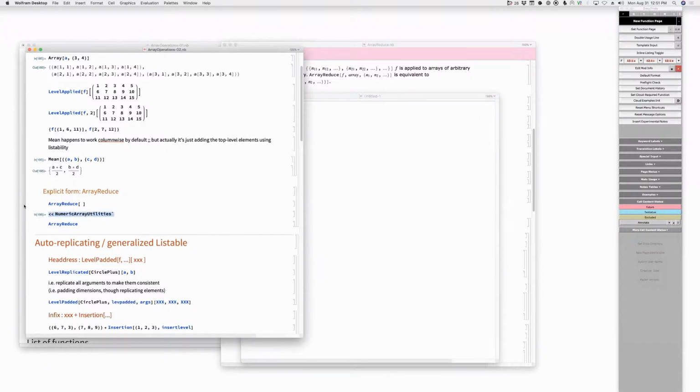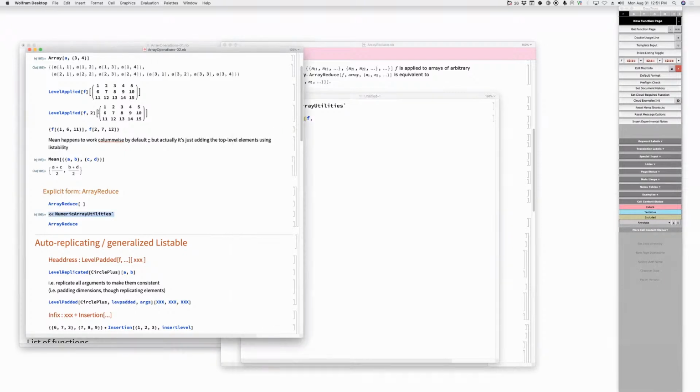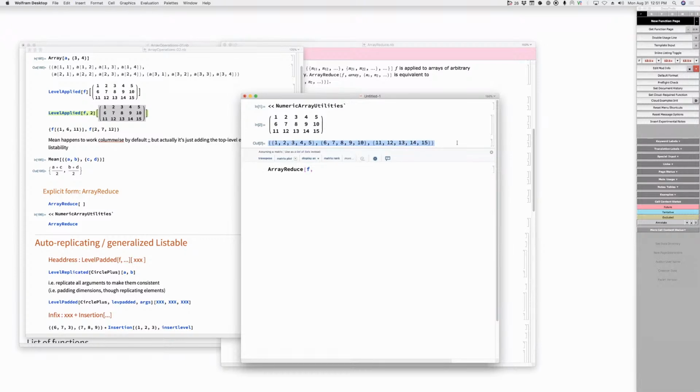All right, so then I run this. Now I can say ArrayReduce, and it should work. F of, I don't know whether this is a nice object. Let me, just so I'm not confused about what this actually is, let's now say ArrayReduce F. And now do I need another argument or not?